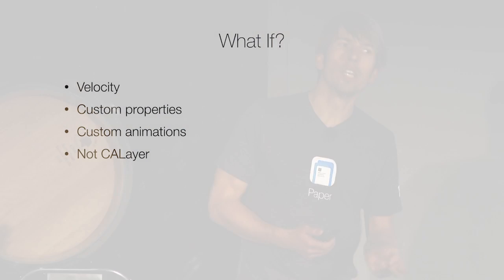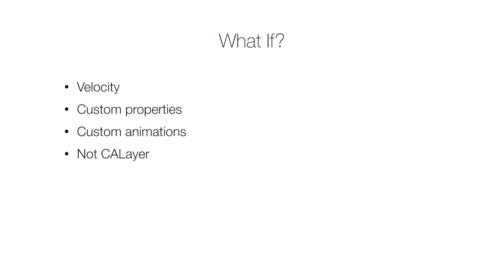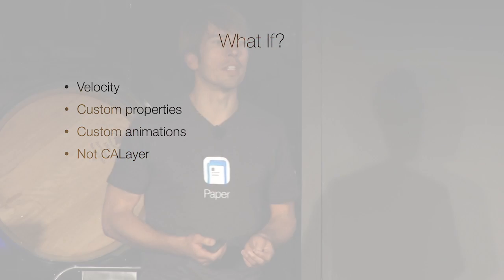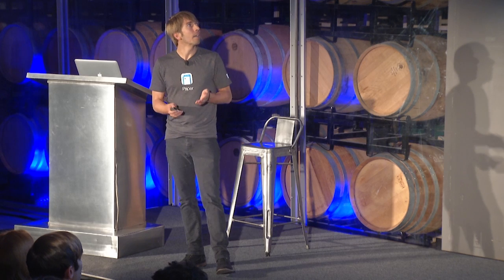But what if you need to go beyond those static animations? What if you wanted to take into account velocity? That's very common when you're trying to animate something using the flick of a user's gesture. What if you had custom properties that you want to animate, or custom objects, or create other custom animations? Core Animation actually gets really tricky here.